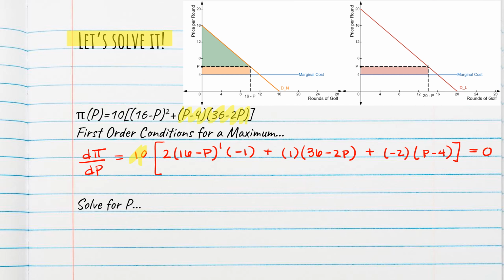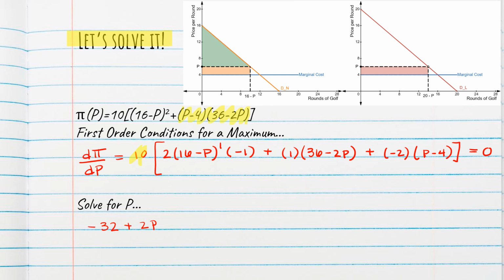Then I want to start simplifying a little bit. So I'm going to multiply 16 by 2, and I get 32, and then 2 times negative p is negative 2p, but then I notice all of this is multiplied by negative 1, so I'm going to change this to a negative 32 and this to a plus 2p.